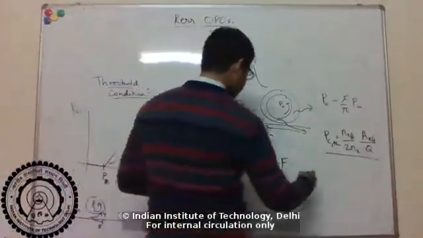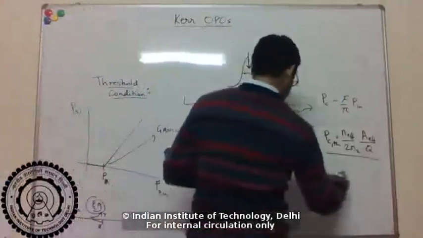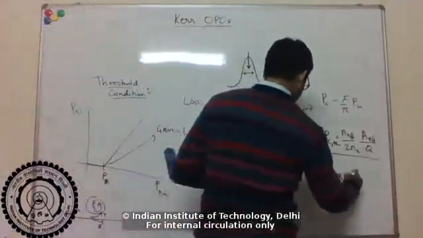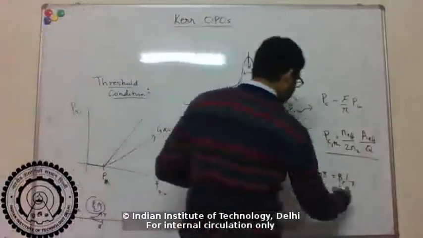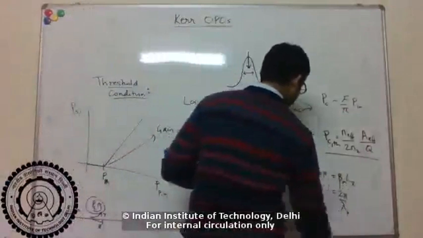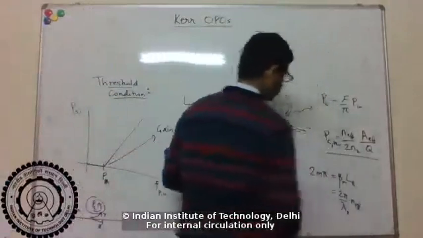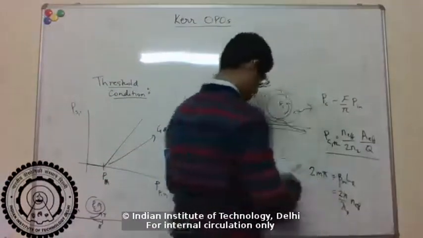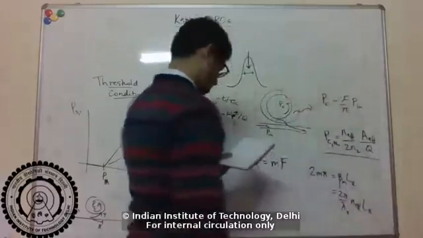And we know the resonance condition: 2mπ is β_m L_R. And β_m we write as 2π by the pump wavelength λ_p, times n effective. That's the definition of β, times L_R.